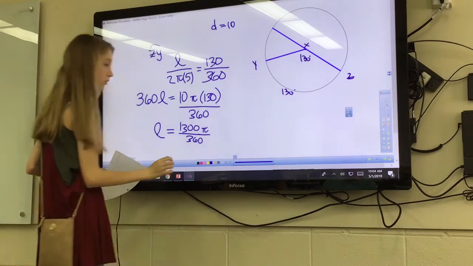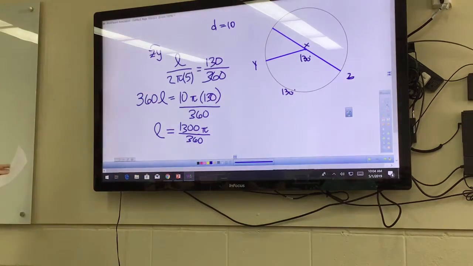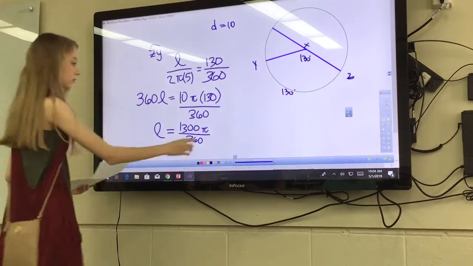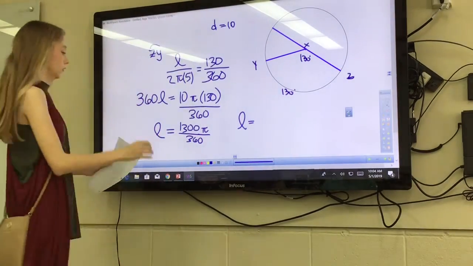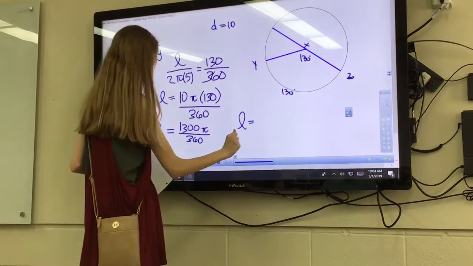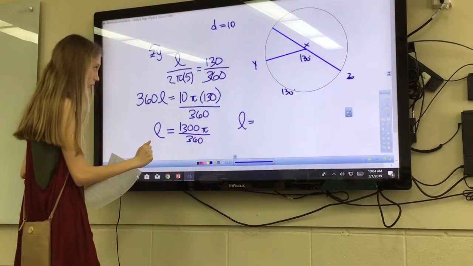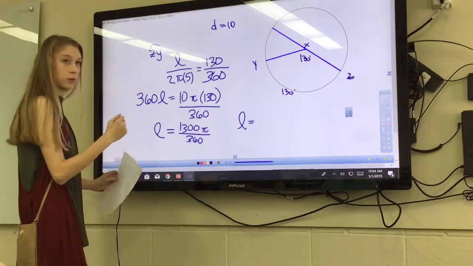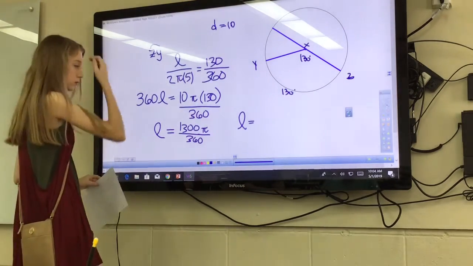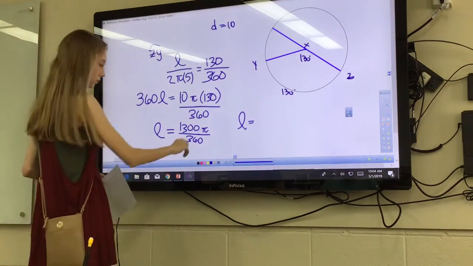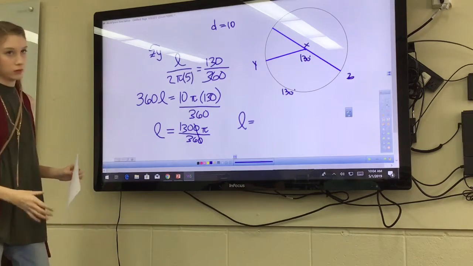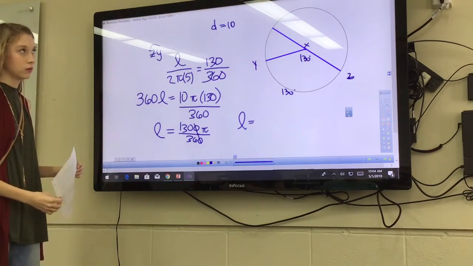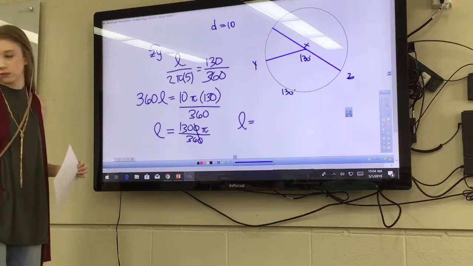360. Now, if you left your answer like that, I'd be proud that you got it that far, but it's not complete. Why is it not complete? We have to reduce it. So we know we can reduce a 0 off the end, so just cross out one of your zeros. And now I need to reduce 130 over 36.